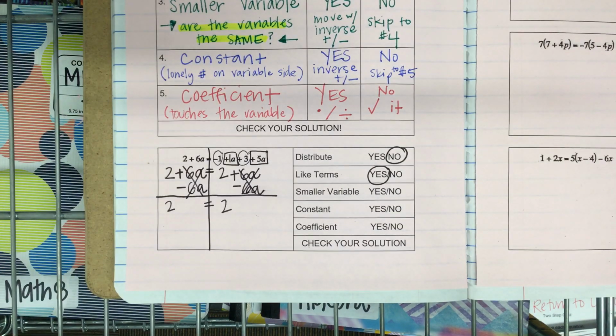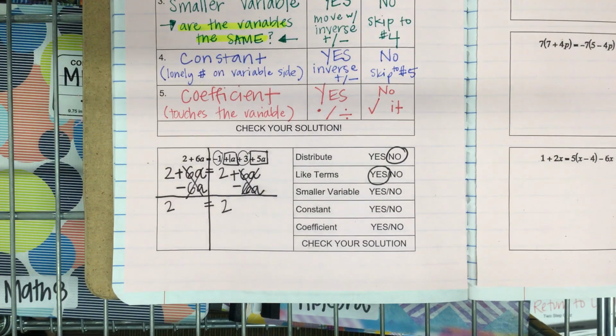Here's what happened. I got rid of my variable. And the whole point of these problems is to figure out what your variable is. And what happened to my variable? It disappeared.